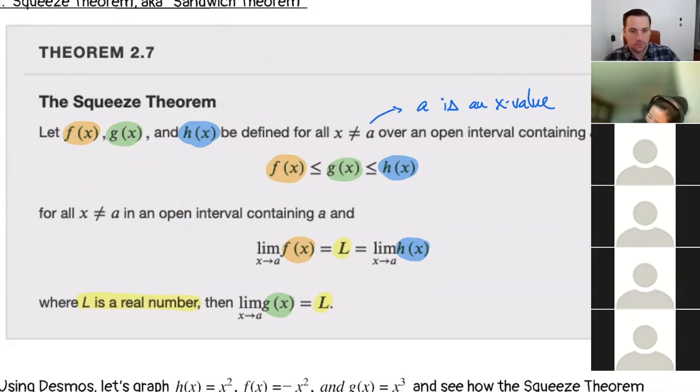Yeah. All right. So we could say that h of x is like the bread, and f of x is also the bread of the sandwich.